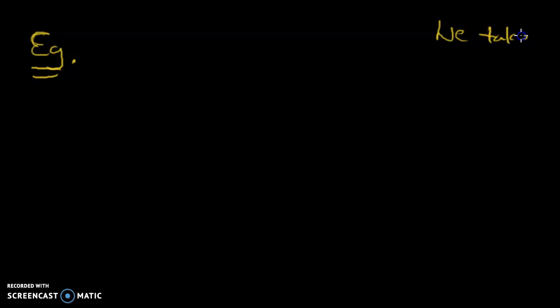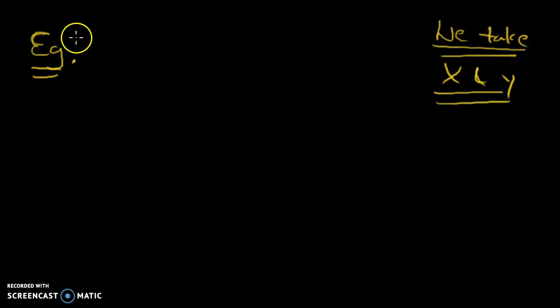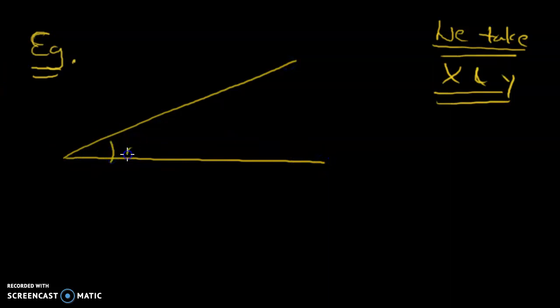Say for example, this is an inclined plane at an angle theta, and there is a mass m. What would be the weight? Weight is a force, its direction is downwards, and its magnitude is mg.